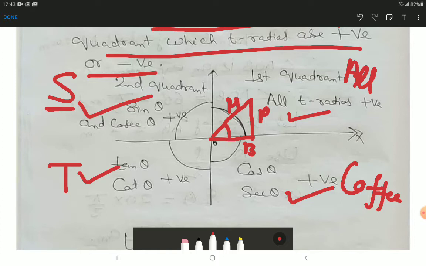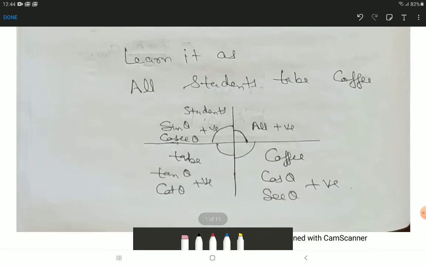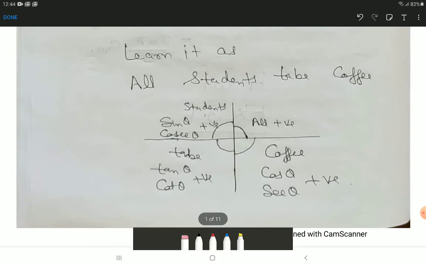Take starts with T, and T for tangent and its reciprocal cotangent are positive in third quadrant and rest are negative. Coffee begins with co, so co stands for cos theta and its reciprocal sec theta. These two trigonometric ratios are positive in fourth quadrant and rest are negative. So I have mentioned it, learn it as all students take coffee. So I have explained it already. Let's move ahead.